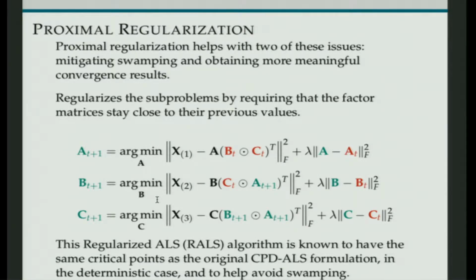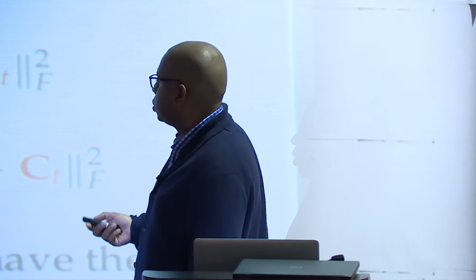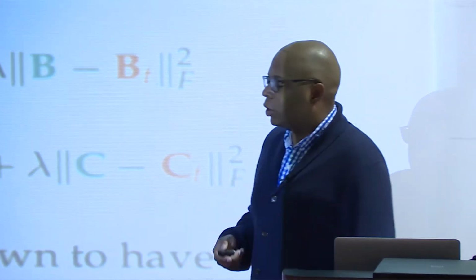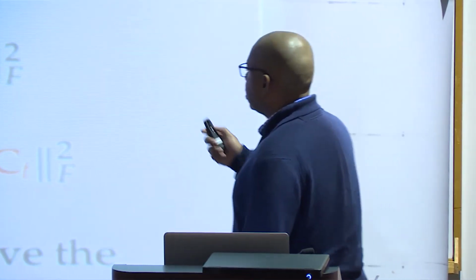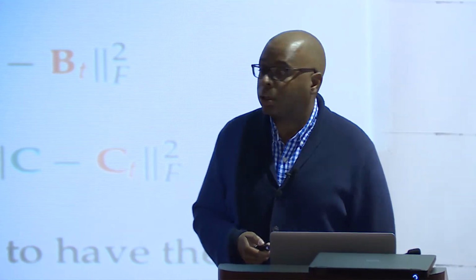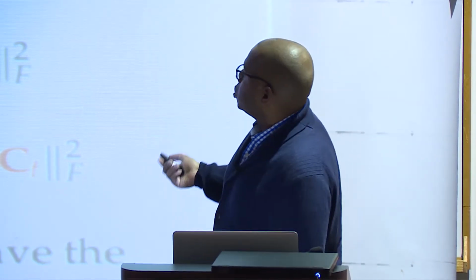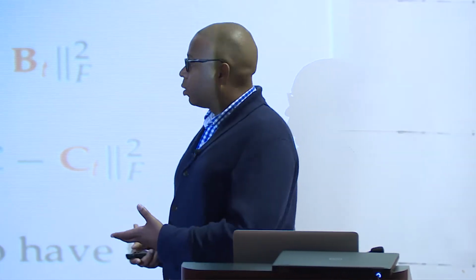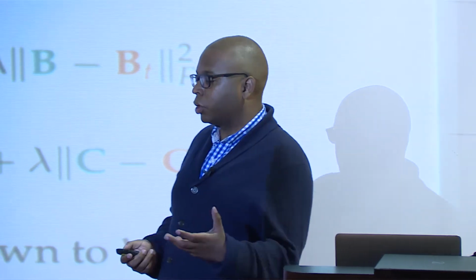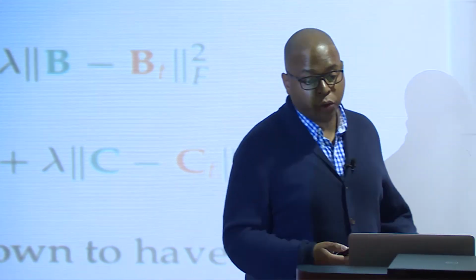So in the convex case, we know that proximal regularization doesn't change the solutions to the problem. So it turns out that in this case, even though it's non-convex, adding this proximal regularization doesn't change the set of critical points. Okay? So this is more natural than using, say, Tikhonov regularization, which is something that people also do because it regularizes your problem, but the critical points can change or do change.